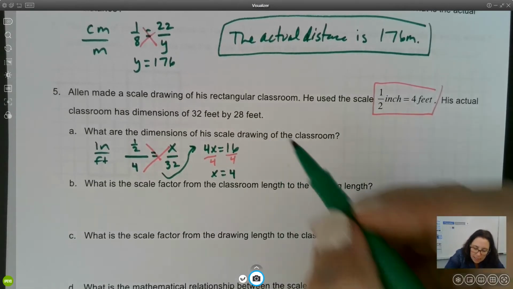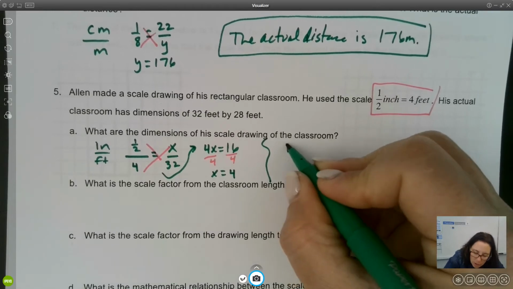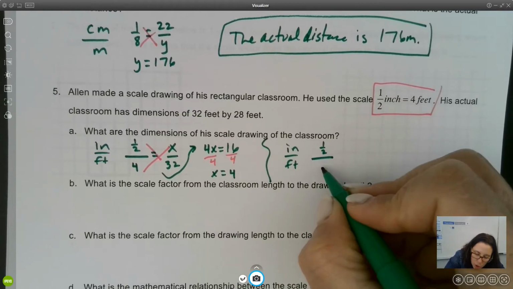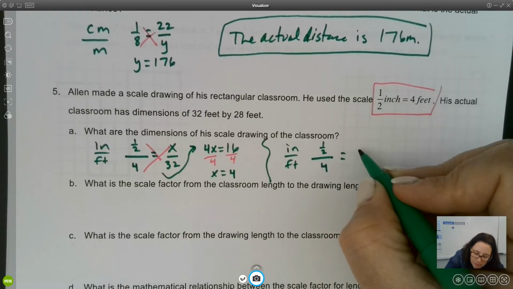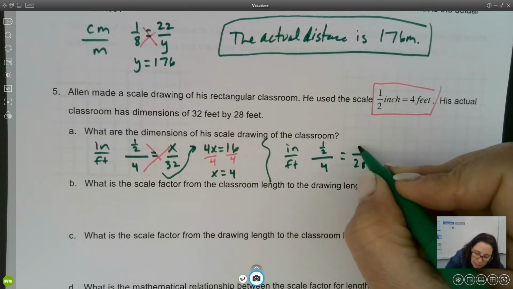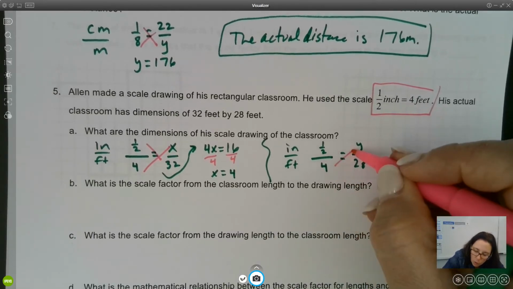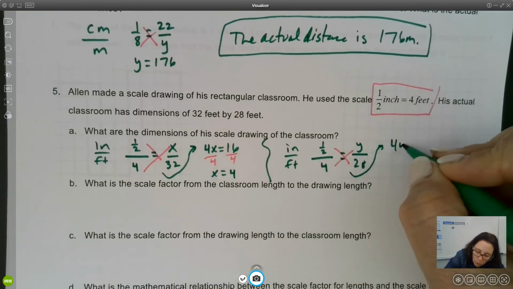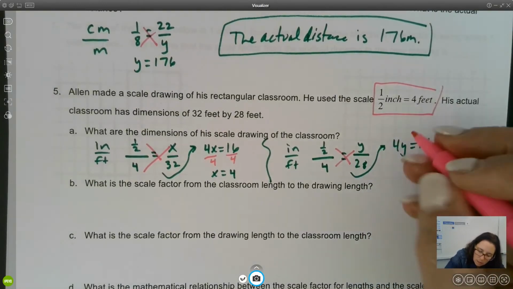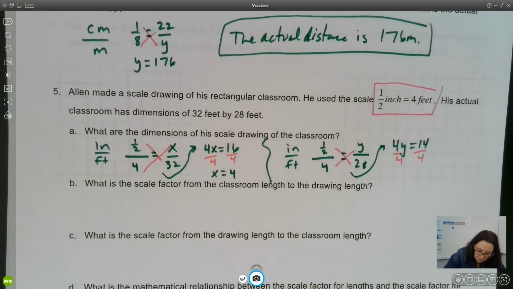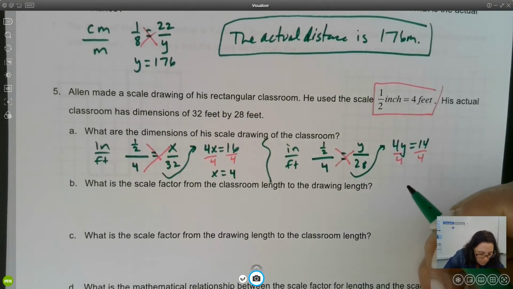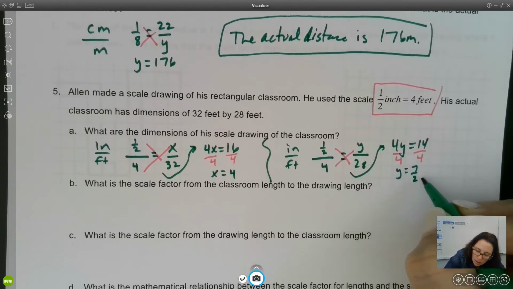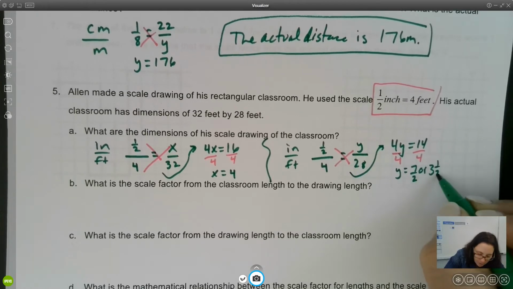Now this guy, let me draw kind of a line here. I'm going to have inches over feet again. Same scale, 1/2 inch goes with 4 feet. But this time I want 28 feet. So 4y equals 14. Divide by 4. And I get y equals 7/2, or 3 1/2.